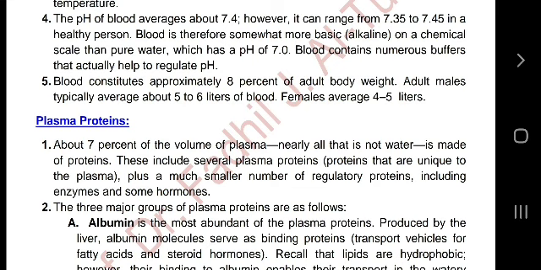Proteins act as enzymes, proteins act as hormones, proteins act as regulators of metabolic pathways. So proteins play various roles in the plasma for the metabolic pathways.